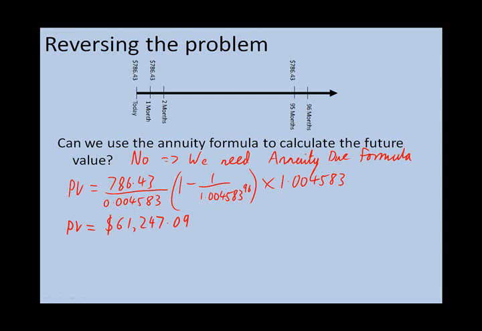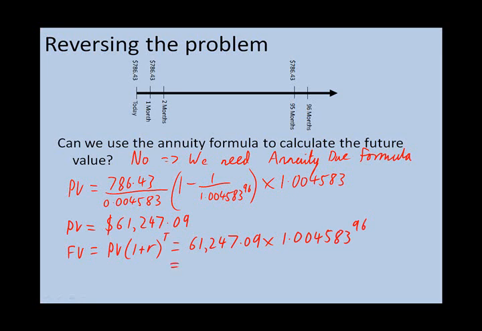Now we have the present value, we can get the future value. To get the future value, we're going to use the formula FV equals the present value times 1 plus R all to the power capital T, which is going to be equal to 61,247.09 times 1.004583 to the power 96.